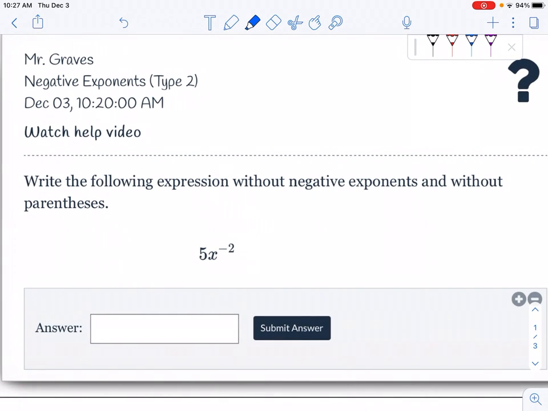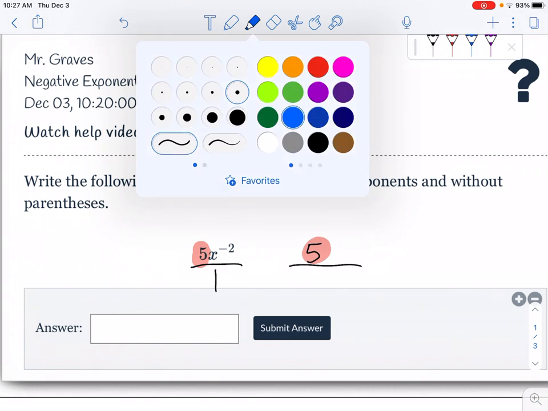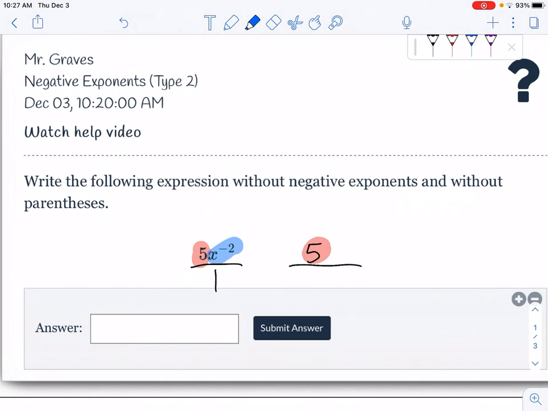Hopefully you're seeing the pattern here. My 5 has a positive exponent, so it is in the right place. It does not need to move. It's happy where it's at. My x to the negative second is in the wrong place, so I need to move it downstairs to make it x to the positive second.